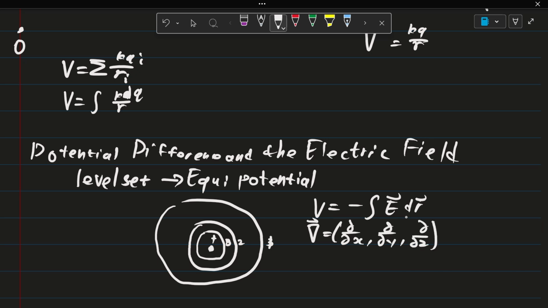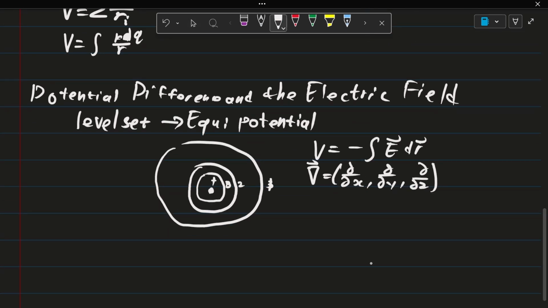Or pretty much, it's like the gradient. So this nabla, or the del, can be multiplied by the voltage to obtain something like this. So it's the nabla times the voltage. It is equal to negative nabla integral E vector dr.